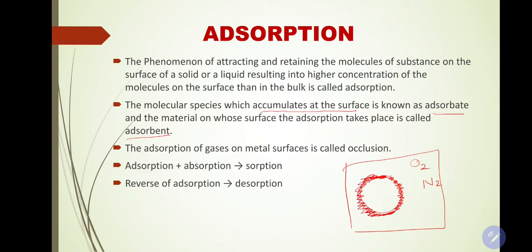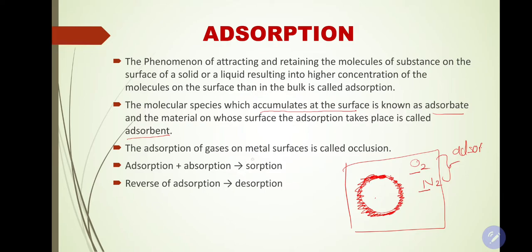This oxygen and nitrogen are known as adsorbate. And what is adsorbent? Adsorbent is the substance on which the adsorption is taking place. So this charcoal is the adsorbent.